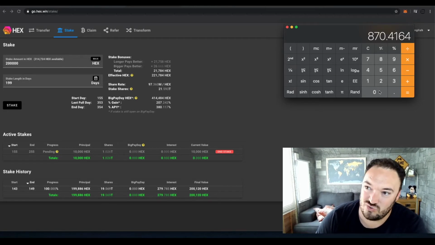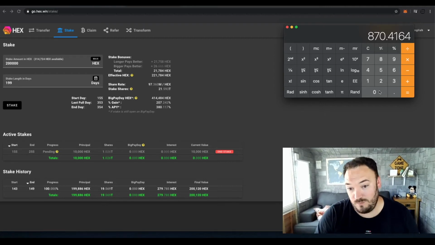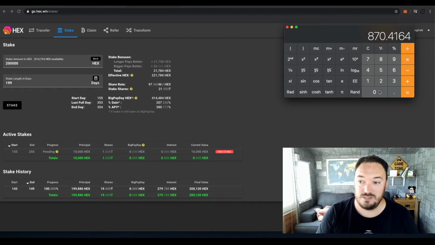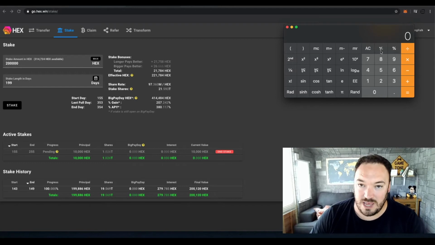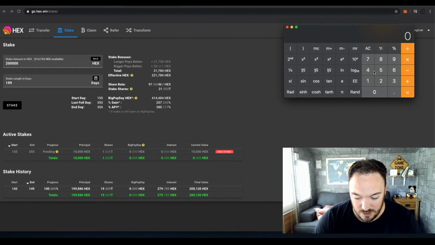So I need it to drop by about 60% from today's price, not whatever it is in the future, from today's price, for me to lose out. Obviously I hope that even if we stay where we are, let's say the price stays at exactly where it is in 6 or 8 months time, which I very much doubt that it will.